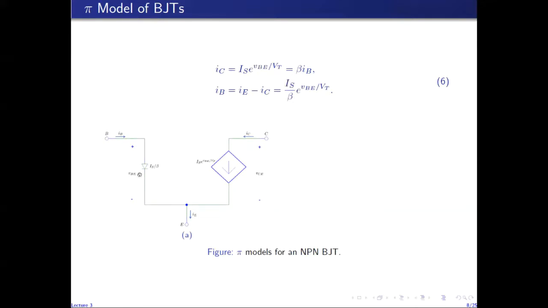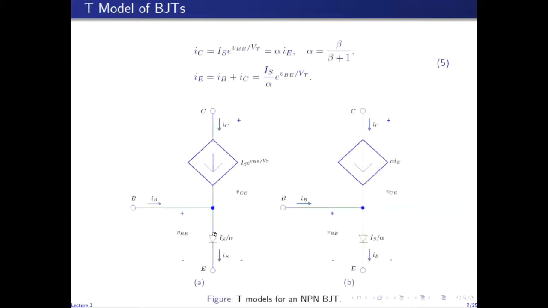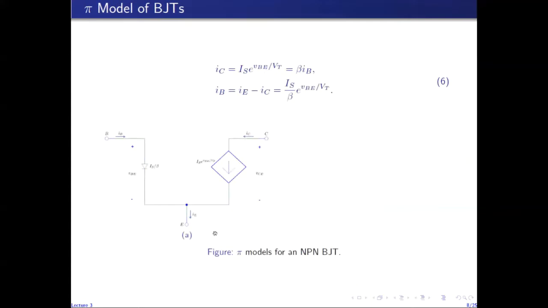So we designate this diode with a scale current of IS over beta. And the directions of the currents are such that the emitter current is the sum of the base and collector currents, as before in the T model as well. The emitter current was the sum of base and collector current. So here as well, emitter current is the sum of collector and base current.